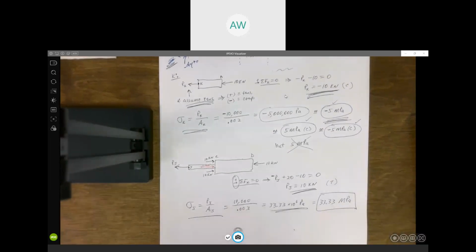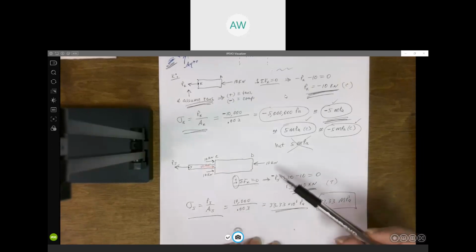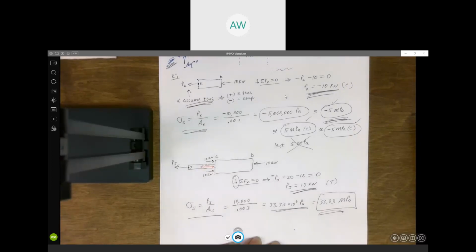And so just kind of a sneak peek ahead, when we get to talking about the material side, depending upon what this material is, we could look up its property and see, is that stress too big? Is it going to cause this thing to break? It could. It depends on the material, what the failure stress is for that particular material.